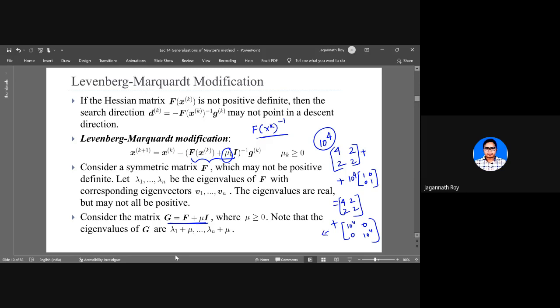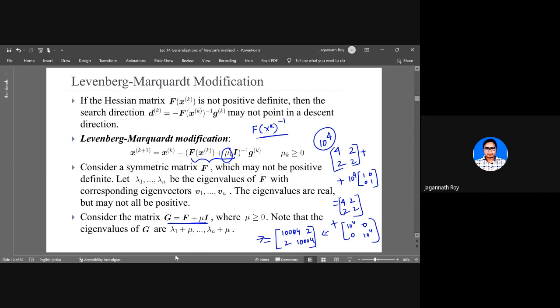So the resultant matrix becomes a matrix with large diagonal entries and 2 off the diagonal. This becomes the matrix.